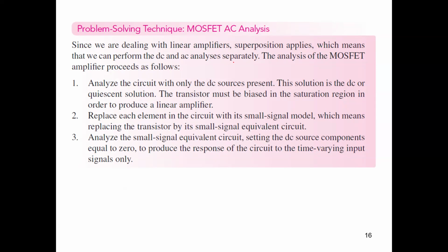So make the DC analysis first to obtain IDQ and VDSQ, then replace each element in the circuit with its small signal model, and analyze the small signal equivalent circuit, setting the DC components equal to 0 to produce the response to the time varying input signals only.